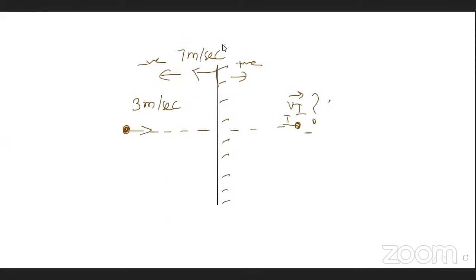Okay, let me solve its answer. Velocity of object is 3 meters per second positive. Velocity of mirror is minus 7 meters per second. Velocity of image we don't know. One of the students has texted minus 11. Very good, Sonali Pathak has texted an answer. Let us see whether her answer is right or wrong.